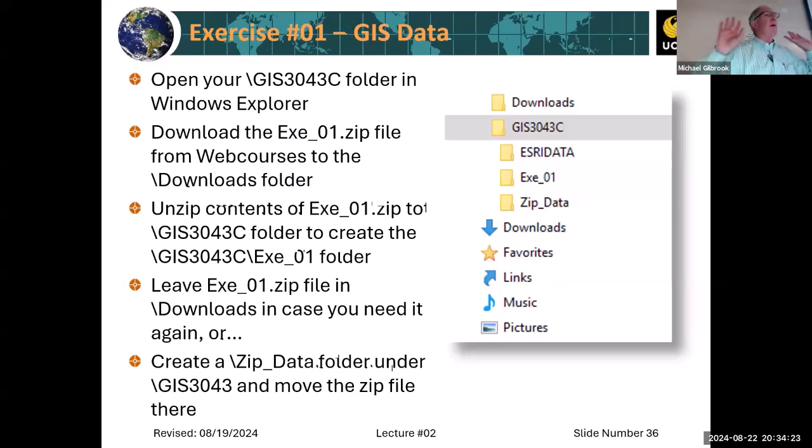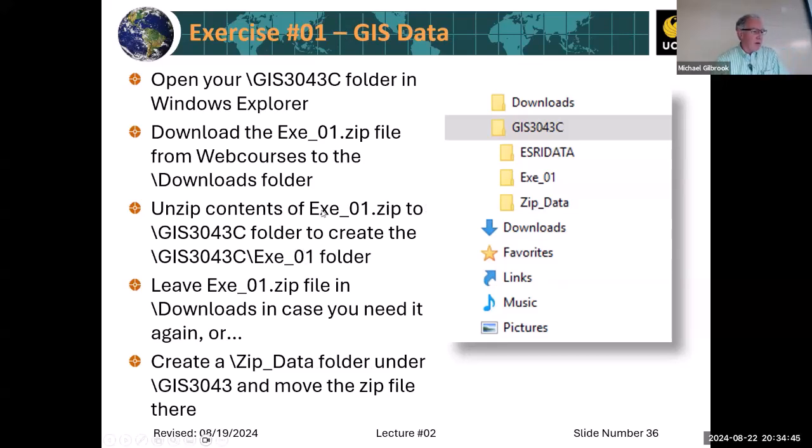No, it'll give you some completely bogus error message. And we have to carefully look at the path for your data to see, is there a space in there somewhere? And if we don't notice it, we could be spending hours trying to figure out what's wrong with your software. So what we're going to do here is create that folder.